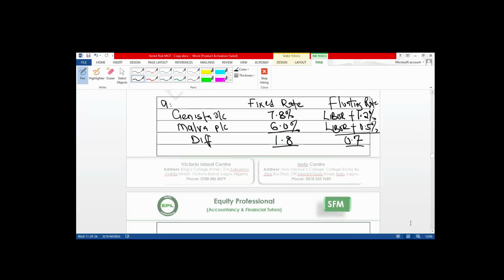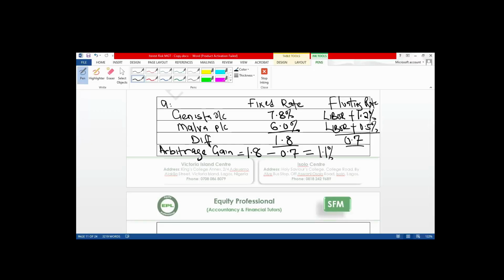Now you can calculate the arbitrage gain, the difference between these two. 1.8 minus 0.7, that will give us 1.1%. Let me repeat my point.